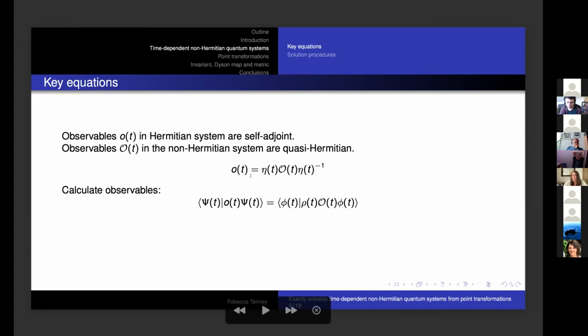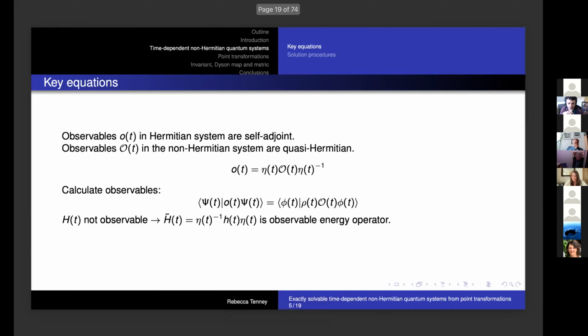But what is important about this observable equation here, if we look back at the time-dependent Dyson equation, is that the non-Hermitian Hamiltonian H of t isn't actually observable due to the presence of the time derivative term. So when studying these time-dependent non-Hermitian systems, you have to define a new energy operator using the metric or the Dyson map. Therefore, when you're studying these systems, you really must start by calculating the metric and the Dyson map.